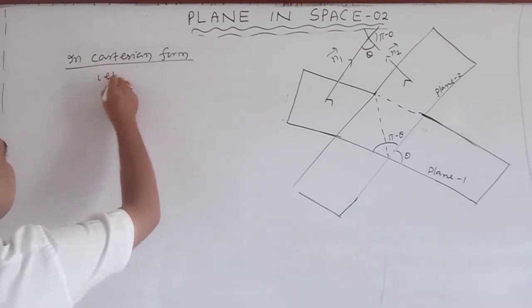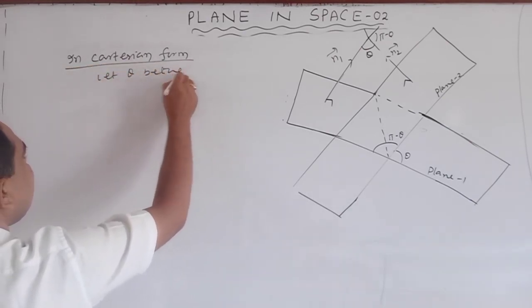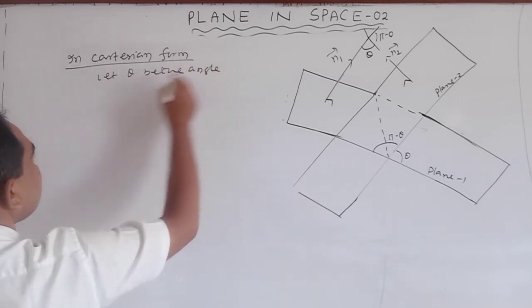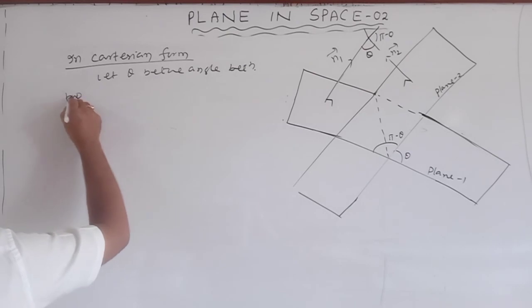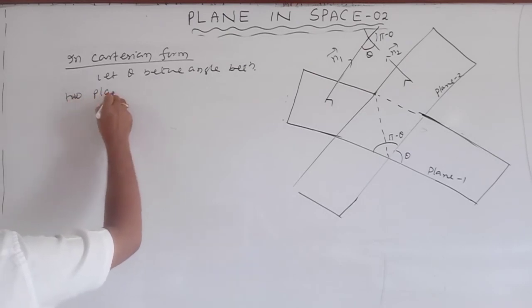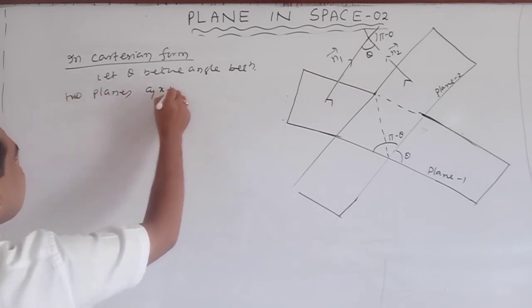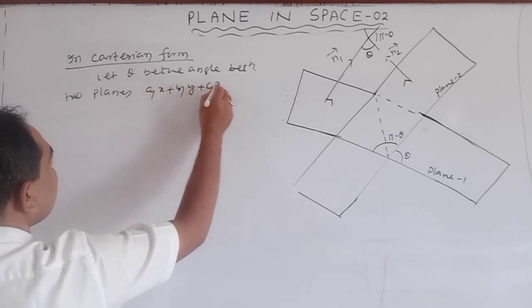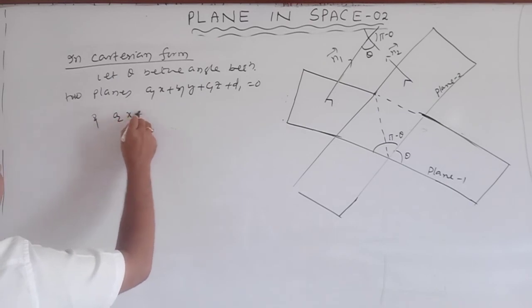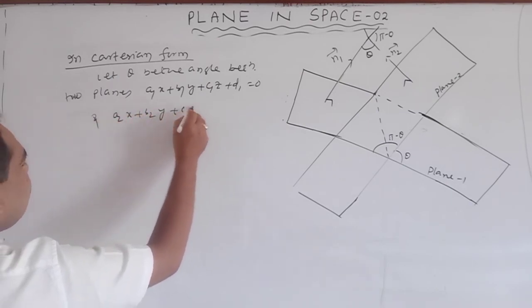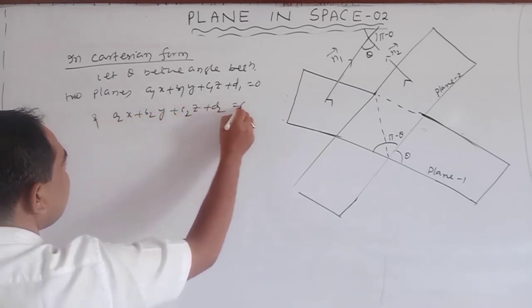let theta be the angle between two planes a1x plus b1y plus c1z plus d1 is equal to 0 and a2x plus b2y plus c2z plus d2 is equal to 0.